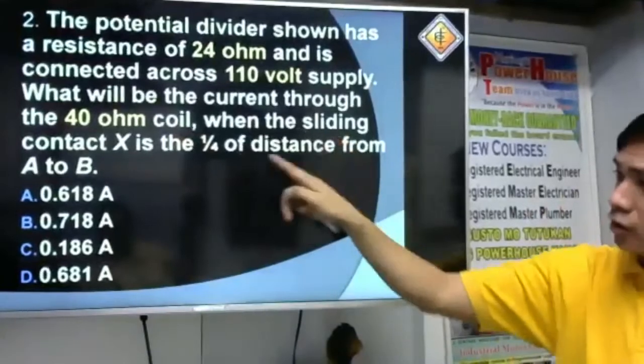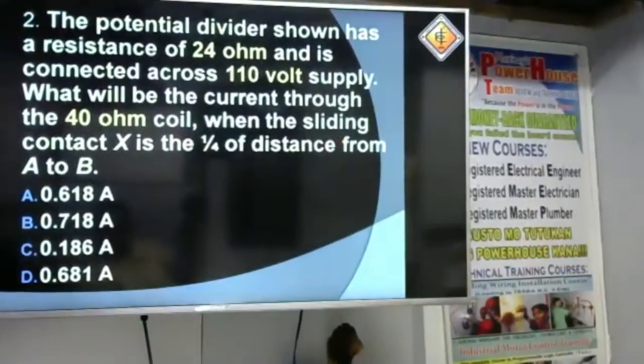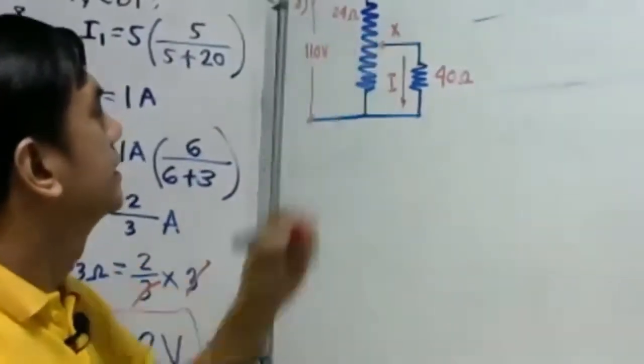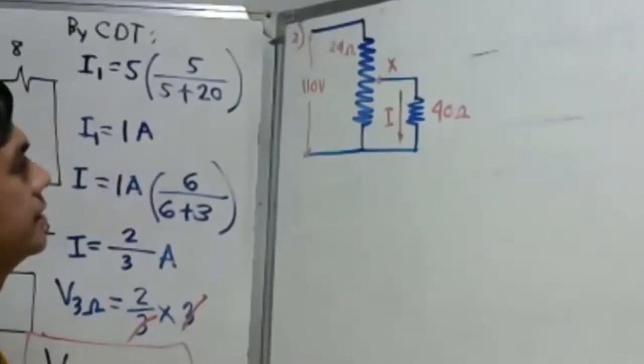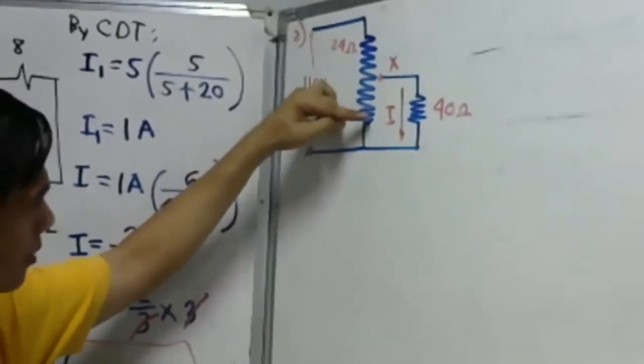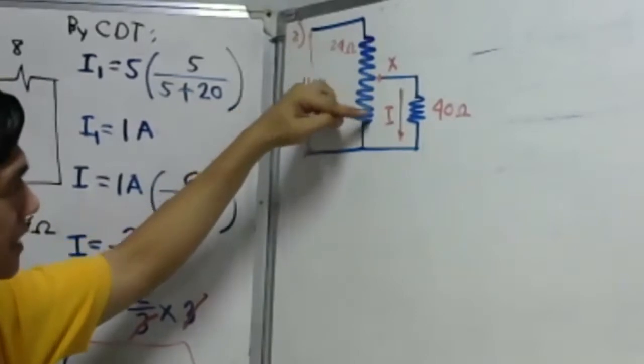When the sliding contact X, where is the sliding contact X? This is the sliding contact. You can slide here over the contact of the 24 ohm resistance.